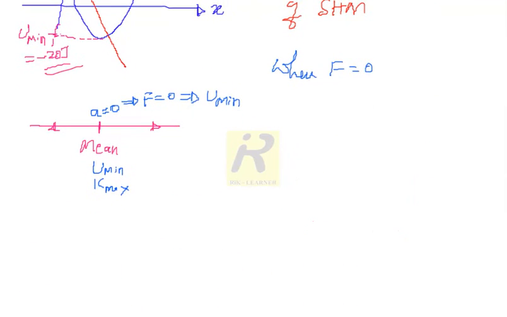Okay, so then I can simply say that when F is equal to 0, the magnitude of minus du by dx should be 0.